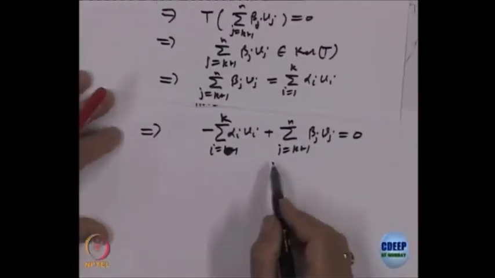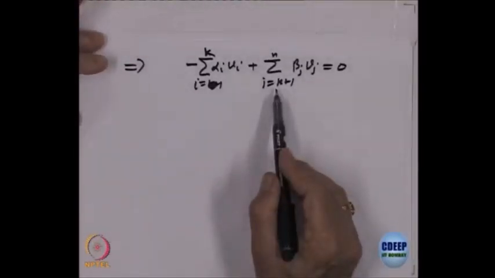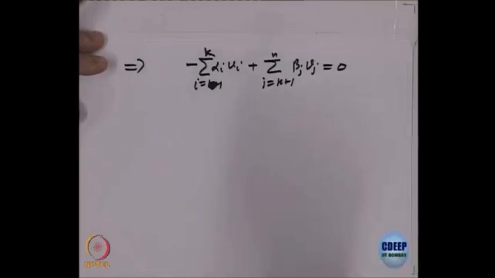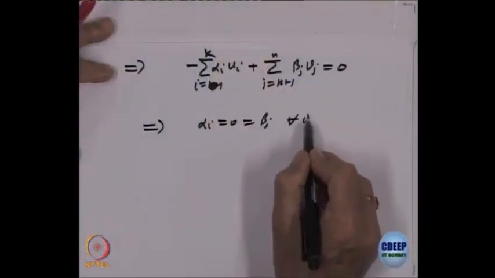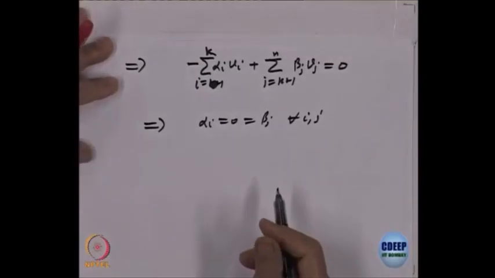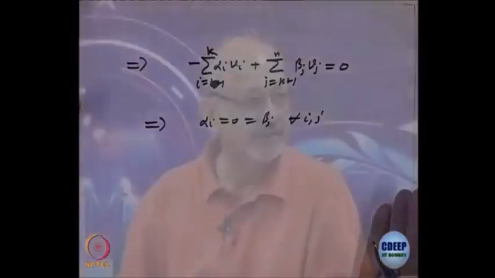Now, what is the left hand side? Left hand side is a linear combination of v_1, v_2, ..., v_k up to v_n, all of them, but I know all of them are linearly independent because they formed a basis of the whole space V. So, implies what? All the alpha_i are equal to 0 and beta_j are equal to 0, for every i and for every j, because v_1, ..., v_n were independent, right.